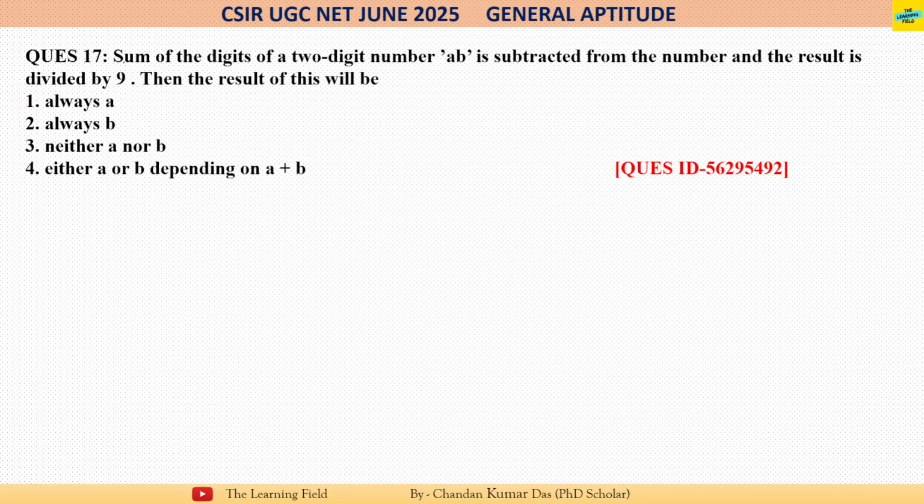Question number 17. It says that the sum of the digits of a two-digit number AB is subtracted from the number and the result is divided by 9. Which of the following is true? So AB is a two-digit number. That means we can write the number as 10A plus B. This is the unit position and this is the tenth position.